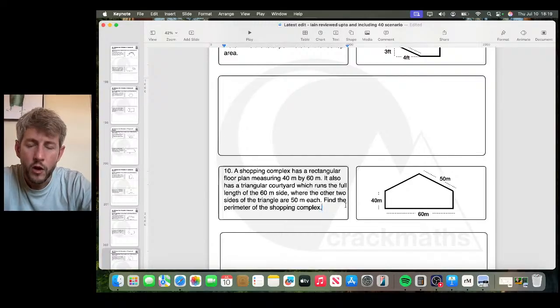Find the perimeter of the shopping complex.